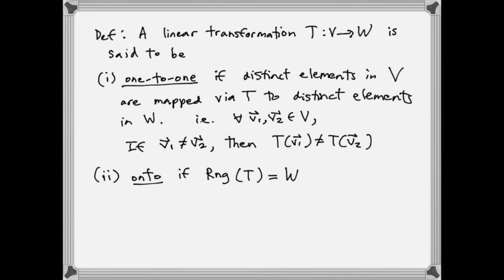This means the range is the entire set W. So another way of writing this is, for all w in W, there exists a v in V such that T of v is equal to w. Okay, so this is a symbolic way of writing that a map is onto.